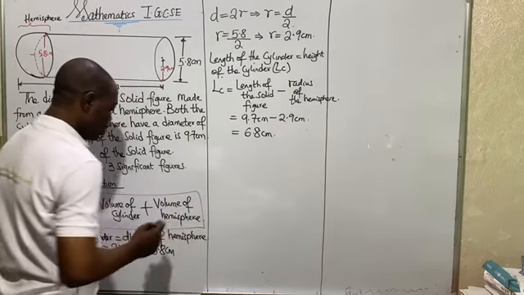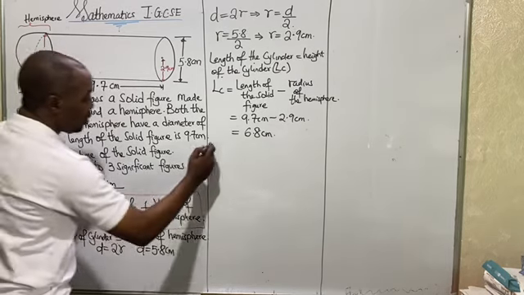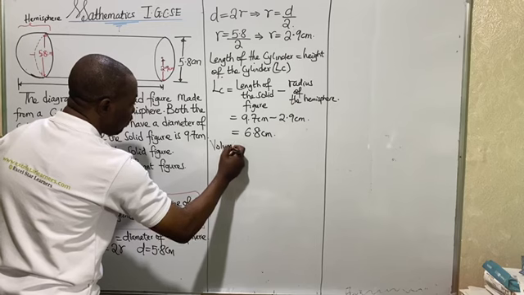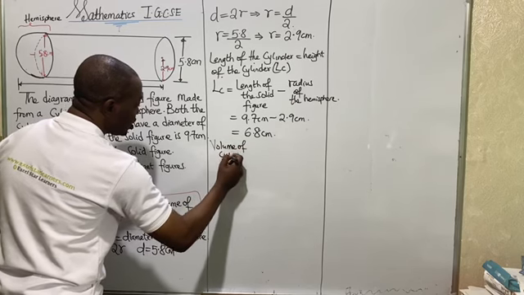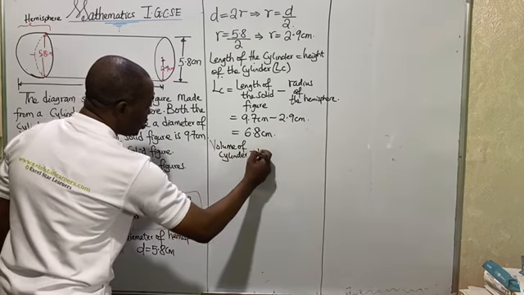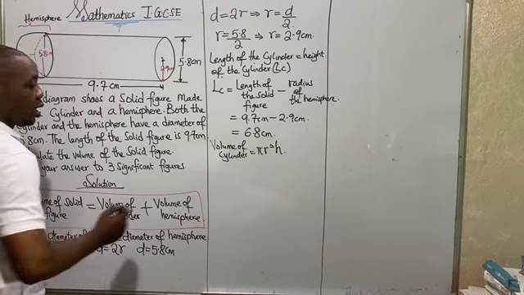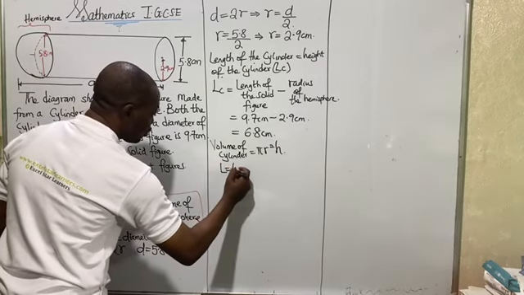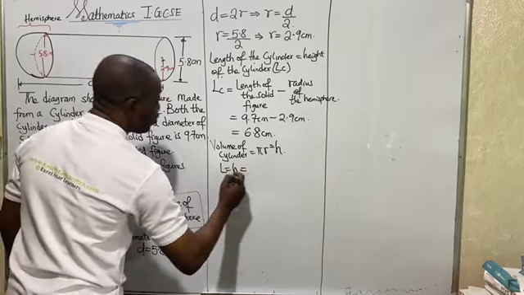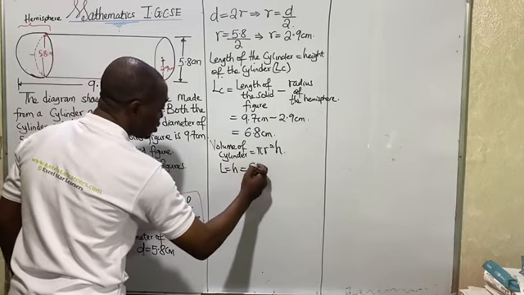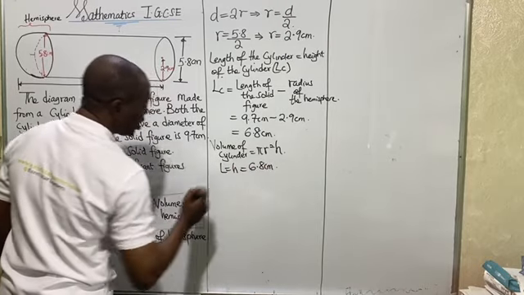So now let's calculate the volume of the cylinder. The volume of a cylinder is pi r squared h, and L equals h, which is 6.8 centimeters.